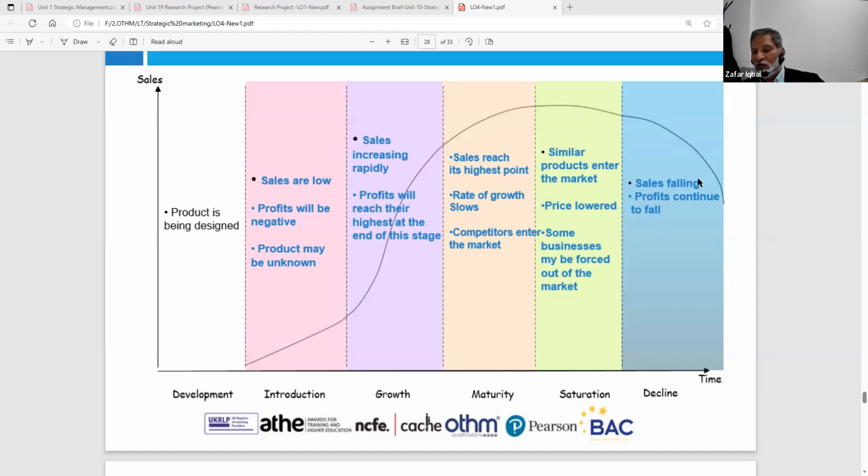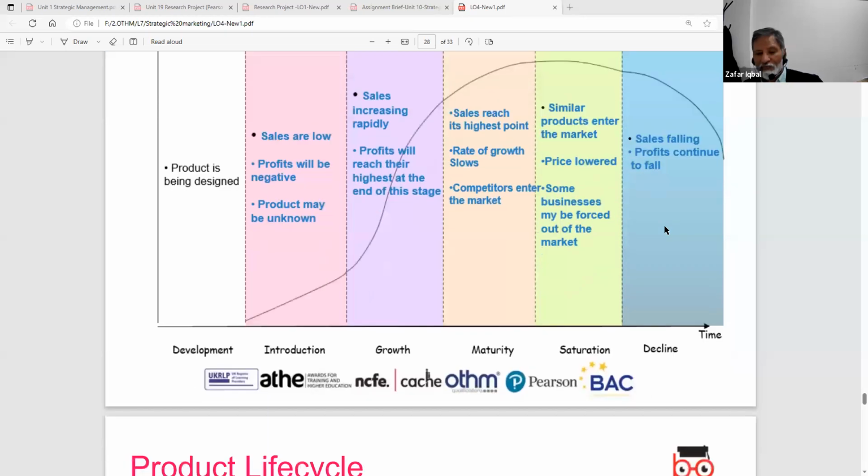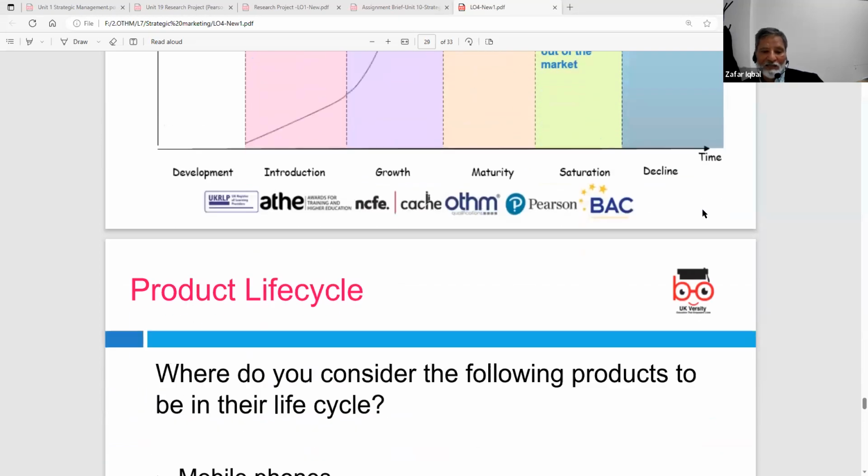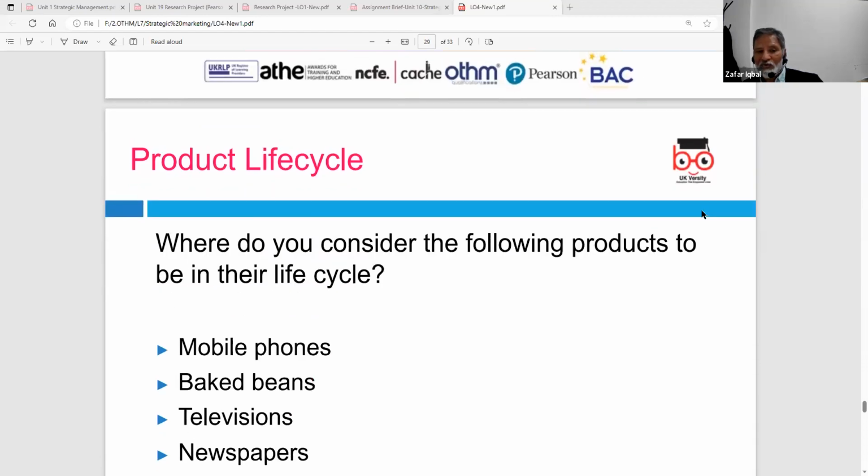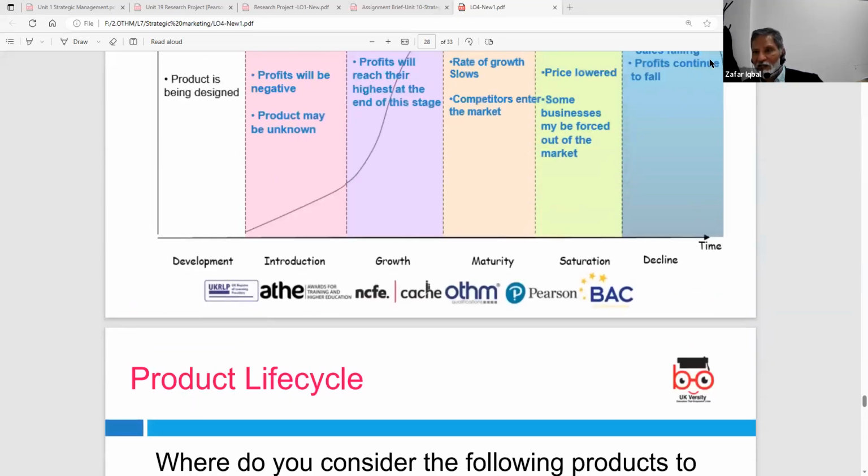So the product is declining, with reduced sales, reduced revenue, reduced total market share, over the time period where the product declines and ultimately dies, unless you revitalize it, unless you differentiate it, unless you create some kind of boost and reintroduce the product as a different product.